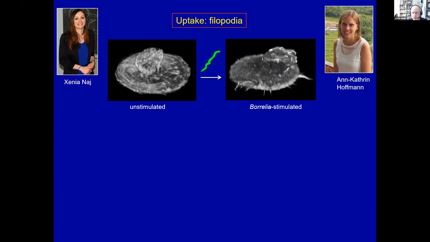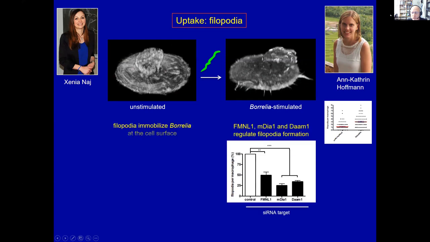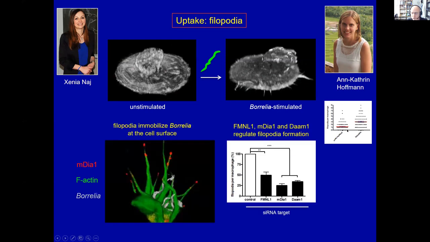So these are actually sensors of the cell that enable the cell to detect, in an actually larger volume of space than the actual cell body, whether there's something threatening or interesting to eat in the near vicinity. And what Ann-Kathrin could show is that the number of filopodia rises dramatically once Borrelia are present in the petri dish.